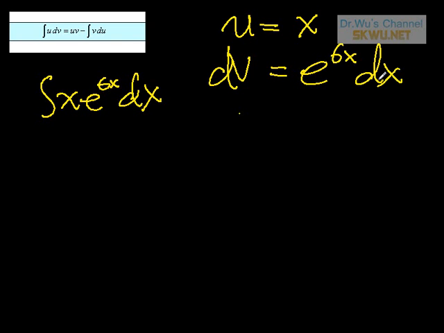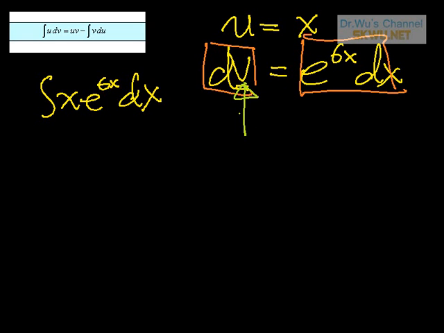But what is v? We want to know v. Right now dv is equal to this, the whole thing in here. But what is v? We can still call it dv first.